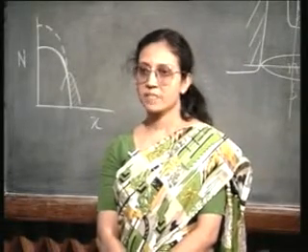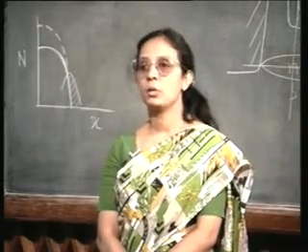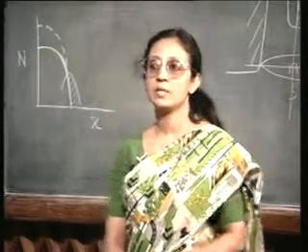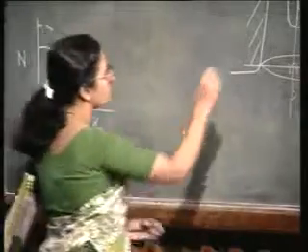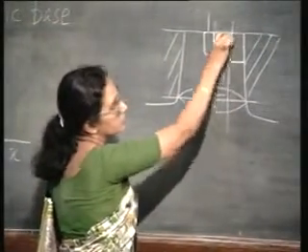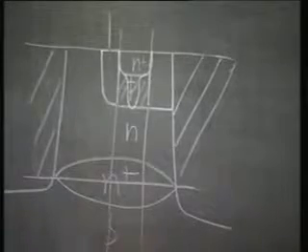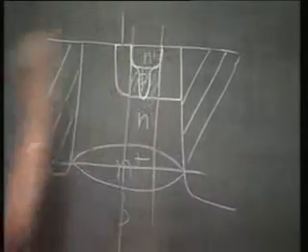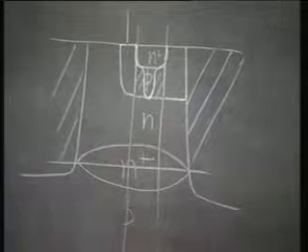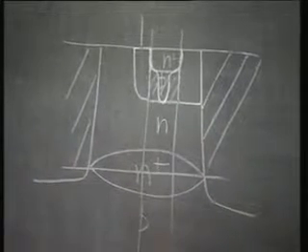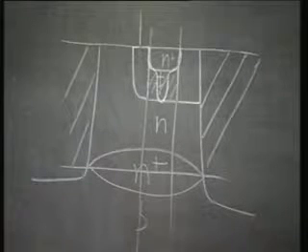And if there is localized enhanced diffusion, then you can have an emitter collector pipe, that is, if there is an enhanced diffusion like this, emitter and collector getting shorted. So, these are the three basic yield problems as far as an NPN bipolar junction transistor is concerned.